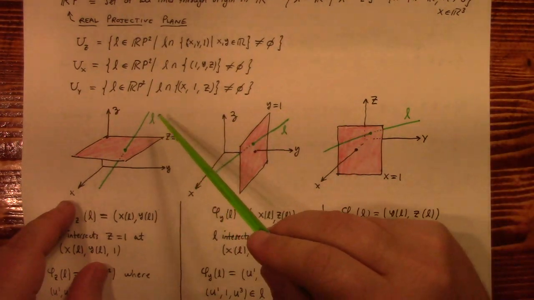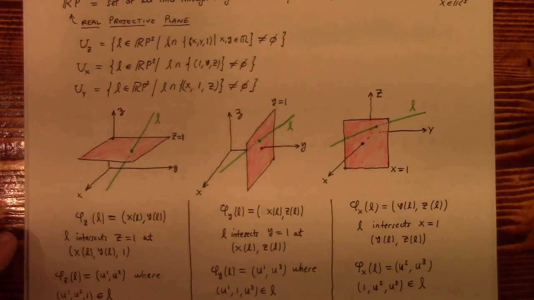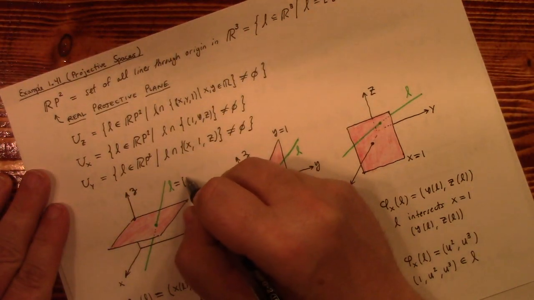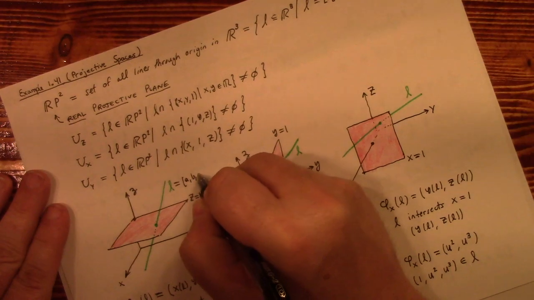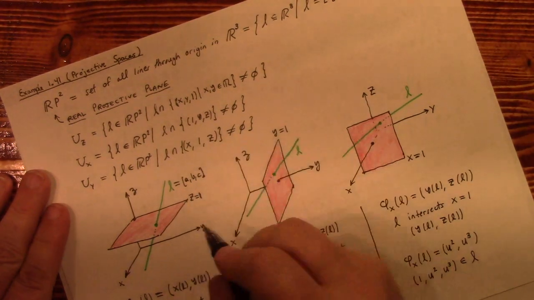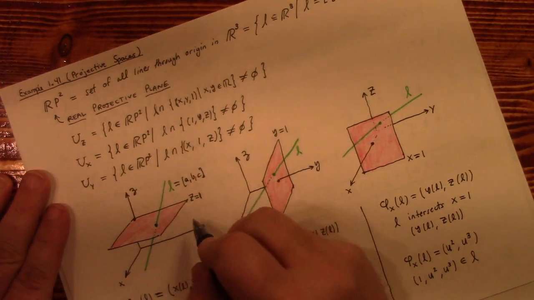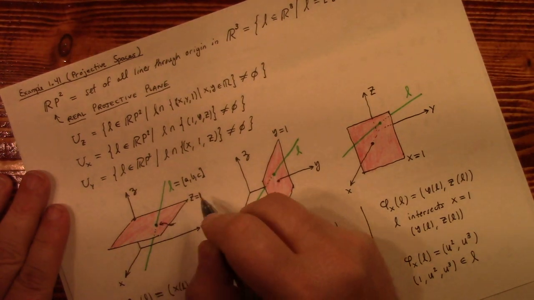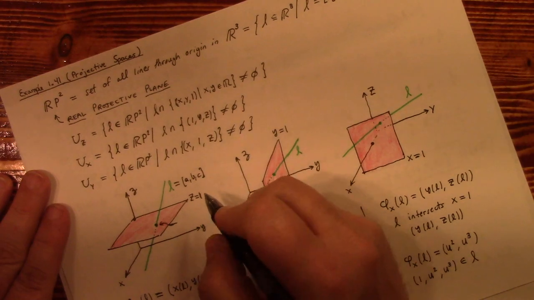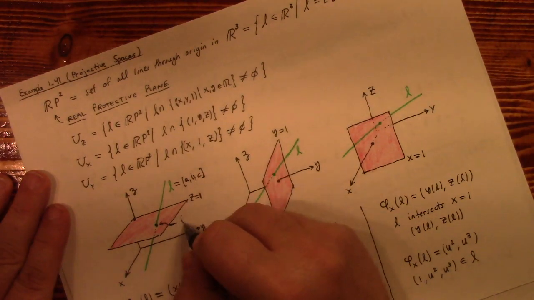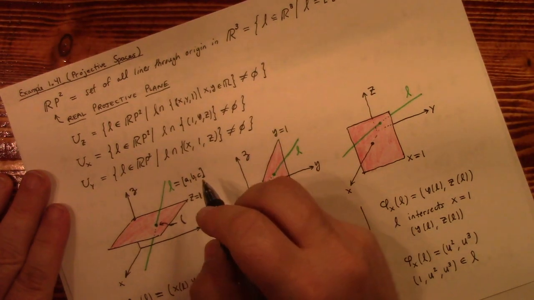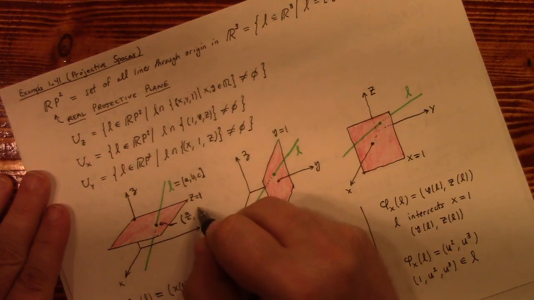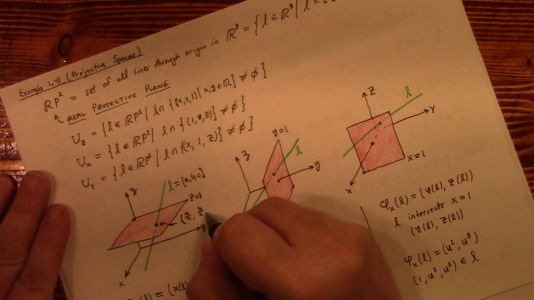If we express L as A, B, C, and that point right there, we can get that point to be, specifically, A over C, B over C, and 1.